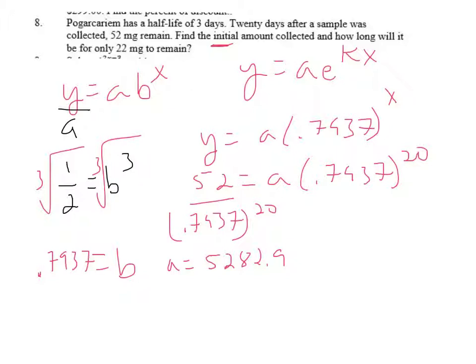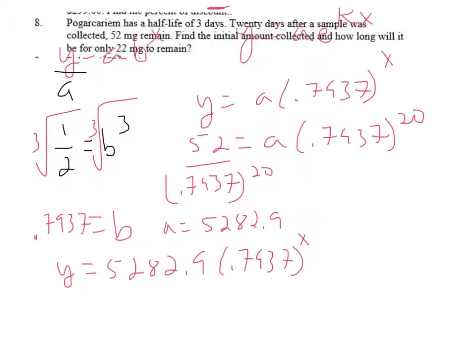So that leaves me an equation of y equals 5,282.9 times 0.7937 to the x power. Then they're asking us how long till there's only 22 milligrams remaining.